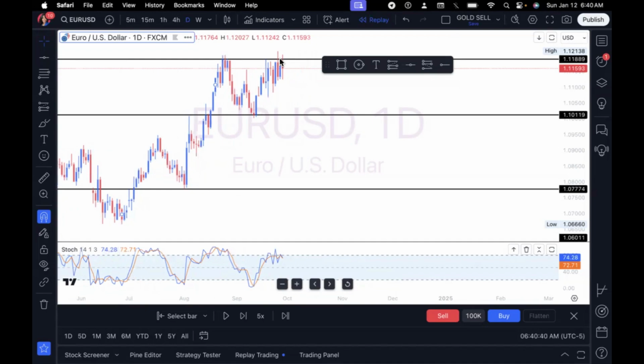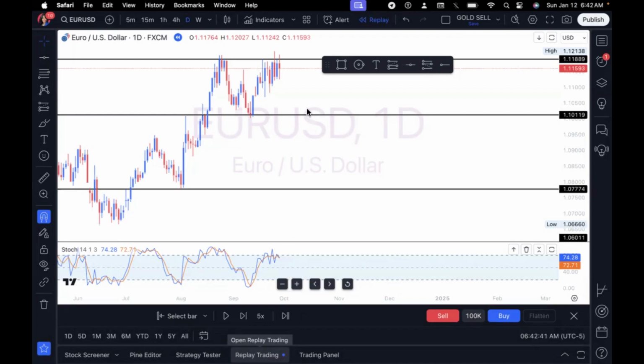Now, again, I'm not just going to jump in yet. I want to make sure I have as much information as possible. So my entry signal for this trade is going to be a break of structure. So when we ask ourselves these questions, is the market near an area of support or resistance? It's near an area of resistance. Is our stochastic facing up or down?